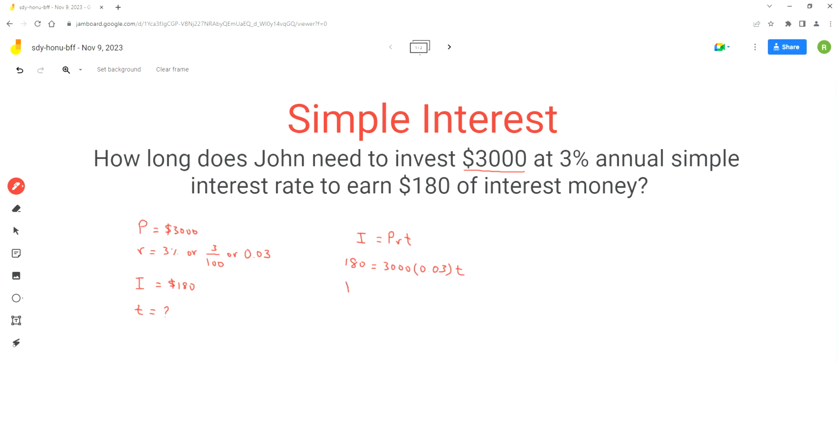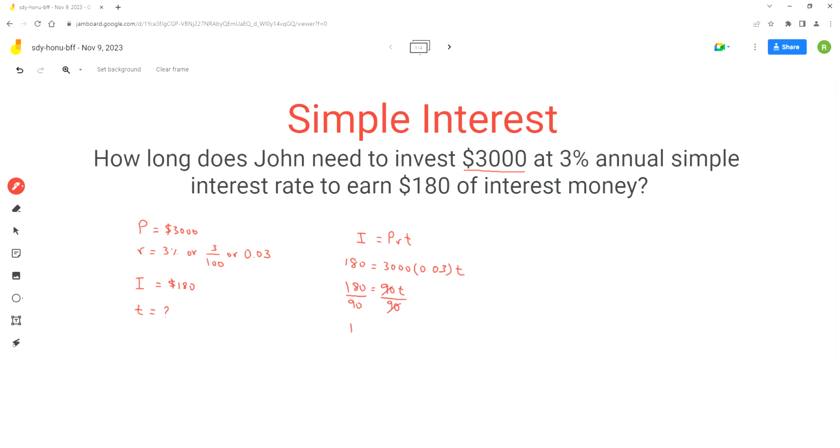So we get 180 equals, so the result of this multiplication is 90 T. And now we have to isolate T, so we should divide both sides by 90. Because 90 is being multiplied to T, we have to use the reverse operation to cancel out the 90 with T. So the 90s on the right side cancel each other out.